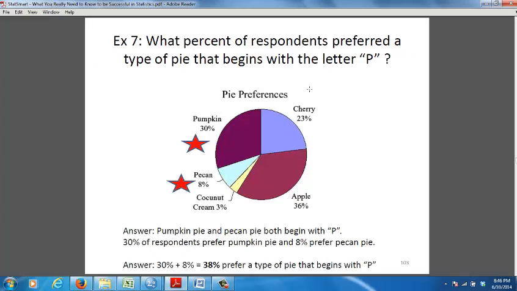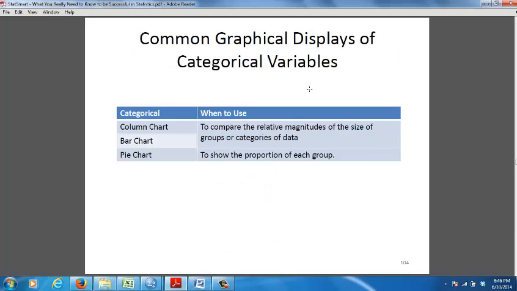And then the question is, which ones preferred some pie that began with a P? If that's the case, you just have to look at which ones began with P and add them up, pumpkin and pecan. So 30 plus 8 is 38%. About 38% preferred a pie with a P. Those are common for categorical data.